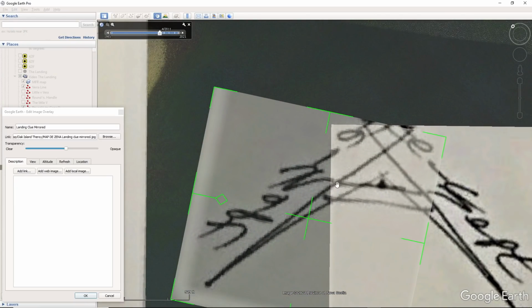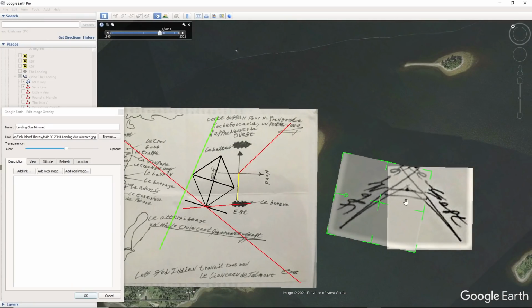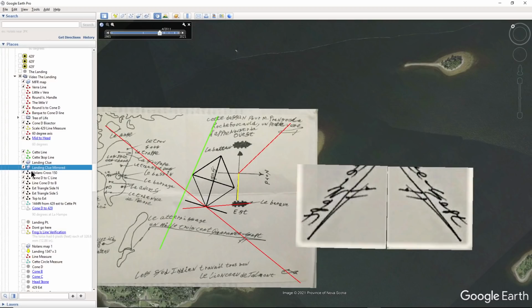Now we sort of understand the concept a little bit better, to where we're getting a bigger triangle here. Also note that this looks like a pair of dividers or a compass. And that's pretty interesting too.